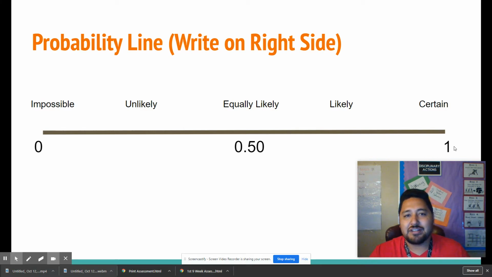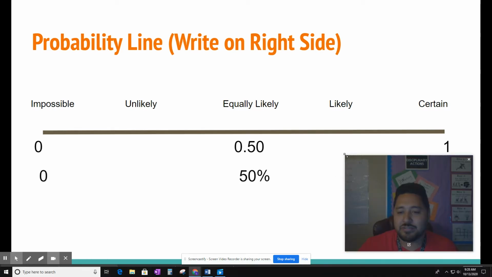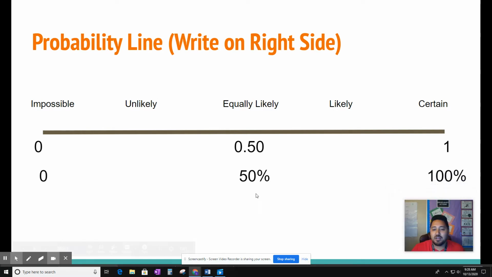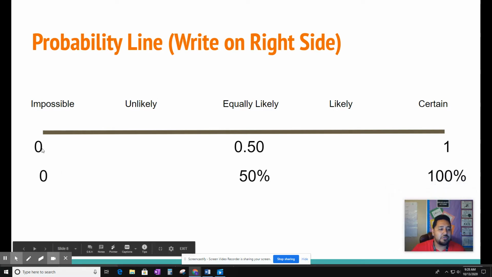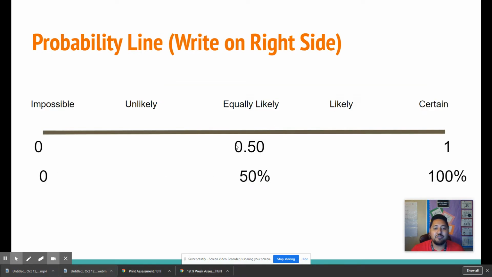If I change these to percents, it would look like this. 0 would also be considered 0%. 0.50 or 50 hundredths or 5/10 would be considered 50%. Okay, and 1 would be considered 100%.